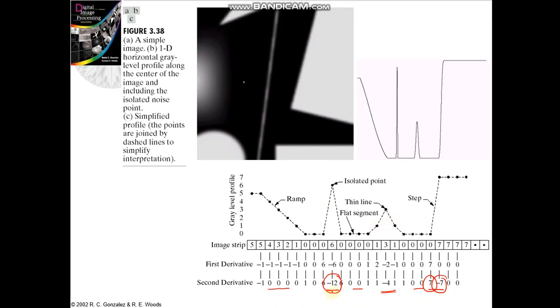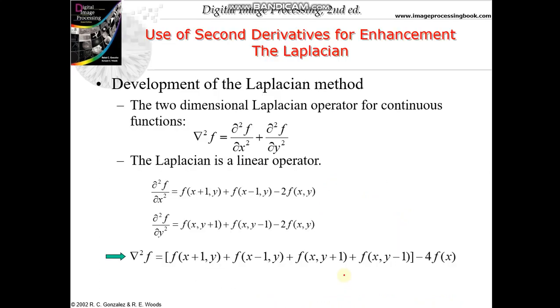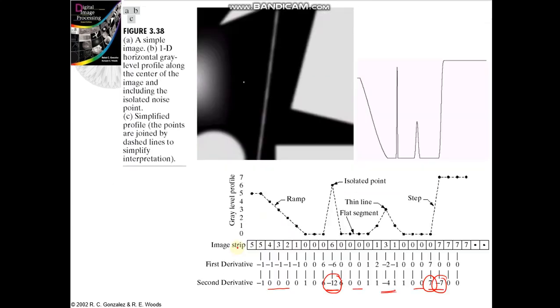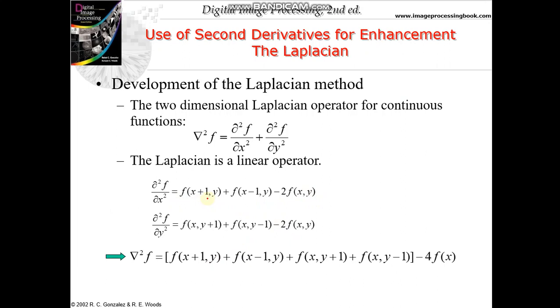So we make use of the second order derivative result for finding a sharpening filter that is based on the Laplacian operator del square f, that is dou square f by dou x square plus dou square f by dou y square. Here we considered only the x domain. We are going to consider dou square f by dou y square also, so we have two coordinates, x as well as y.